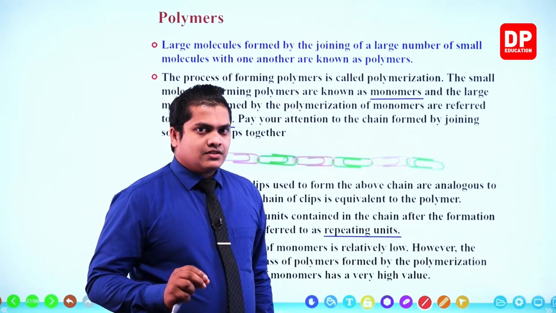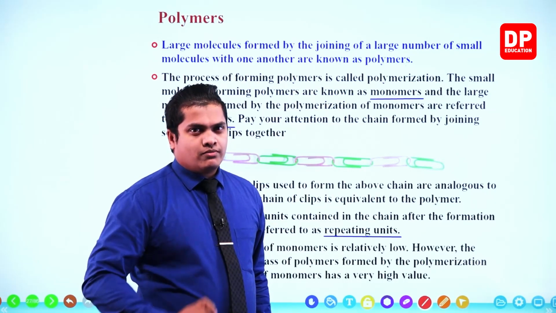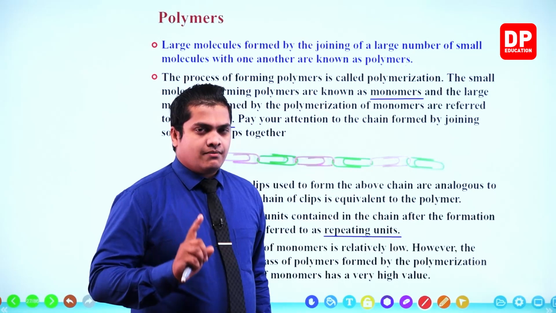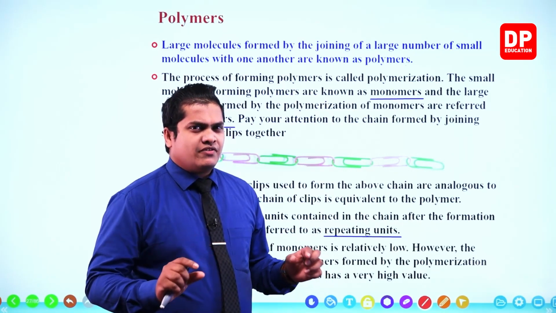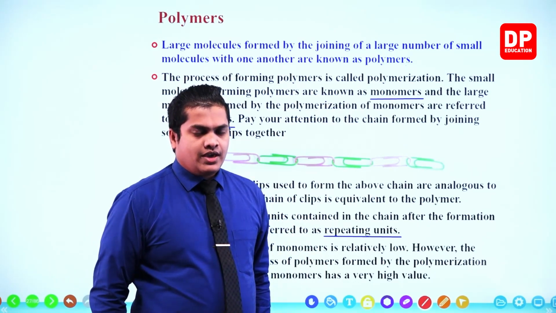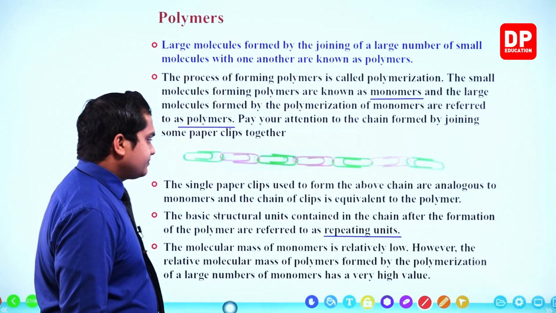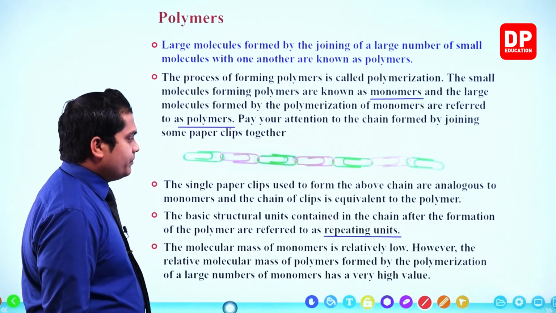There's a small difference between the repeating unit and the monomer. We'll discuss those things later in the lesson. Up to now, just remember there's a small difference between the monomer molecule and the repeating unit. The molecular mass of monomers is relatively low.